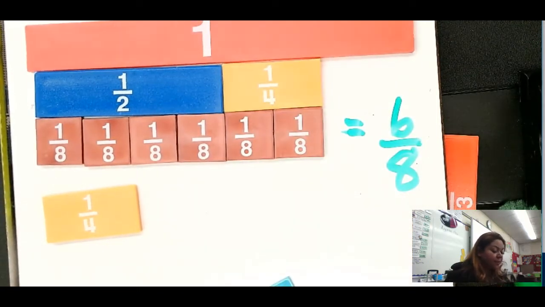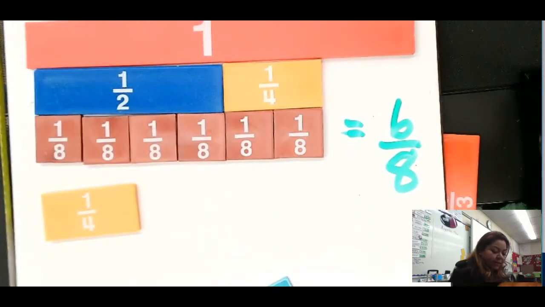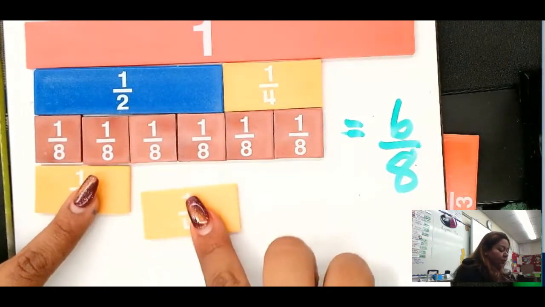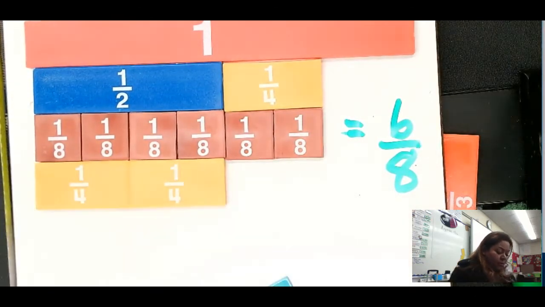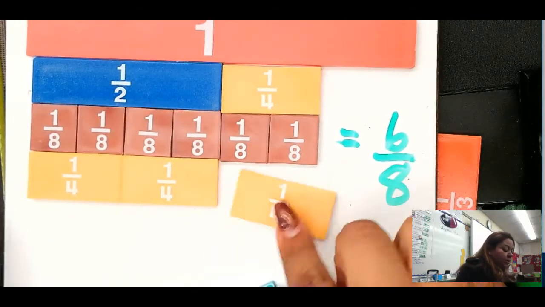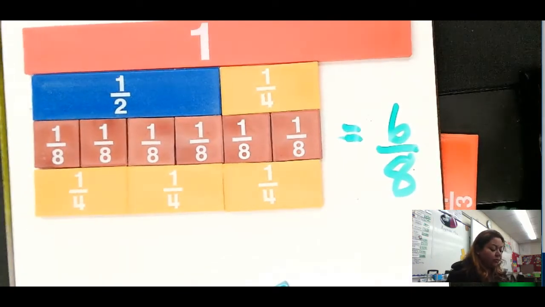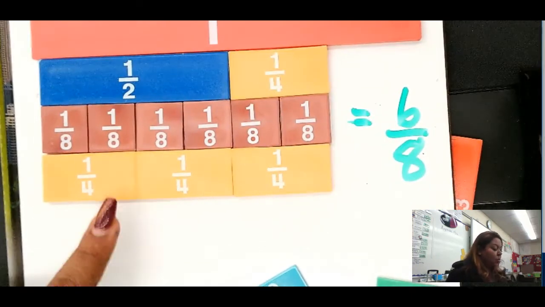So for example, I'm going to show you which would have fit. That would have been if you had put 1/4, 1/4, and so 3 1/4s. See, these will fit nicely. So this is another way that you could have done it.